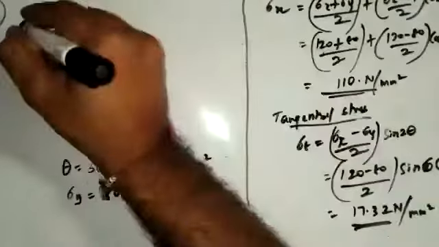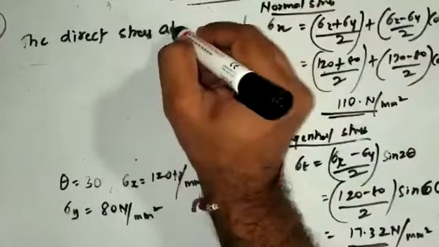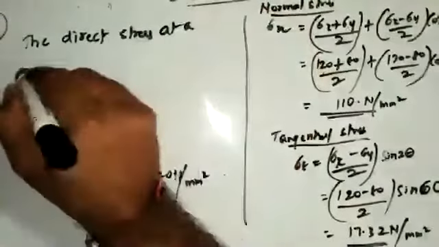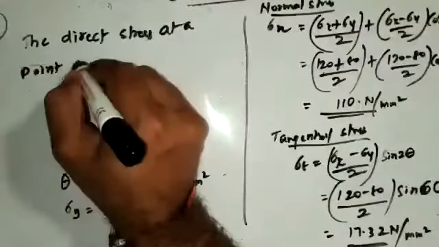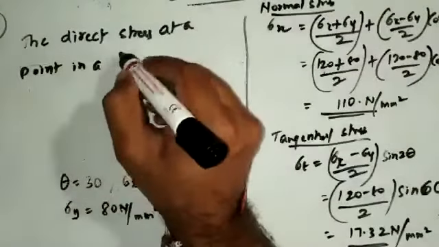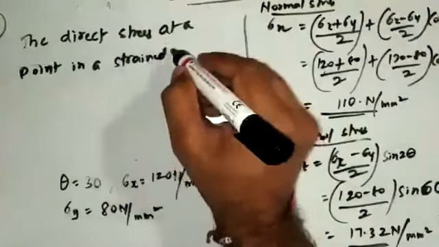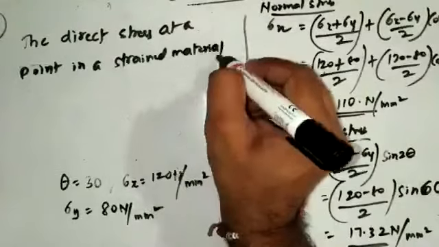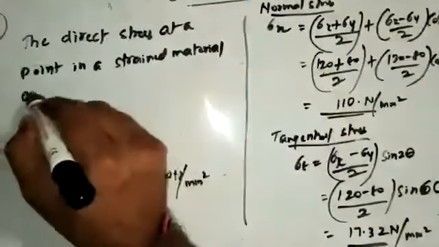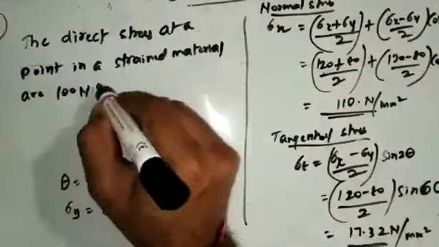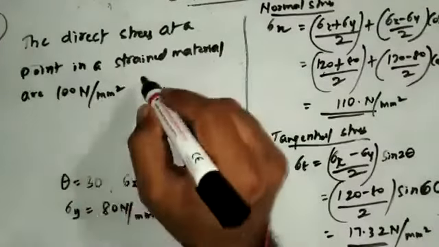Write down. The direct stresses at a point in a strained material are 100 Newton per millimeter square compressive.